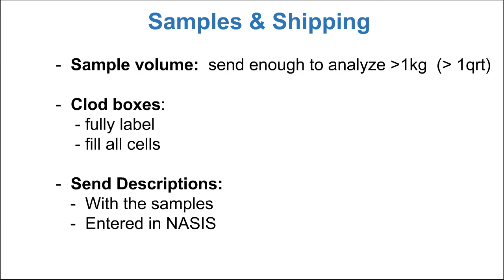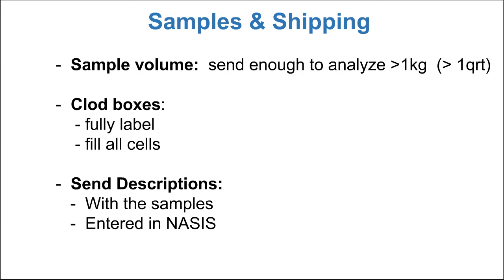And when we're shipping the clods, we provide specific clod boxes or clod trunks for 6 clod boxes, and we want to make sure that 6 clod boxes are being shipped regardless of whether they're filled up or not. If they're completely empty, all you have to do is put the inserts in to make them a little bit more rigid, but put all the filled boxes in the bottom of the clod trunk, and you can put the empty ones up on the second row.